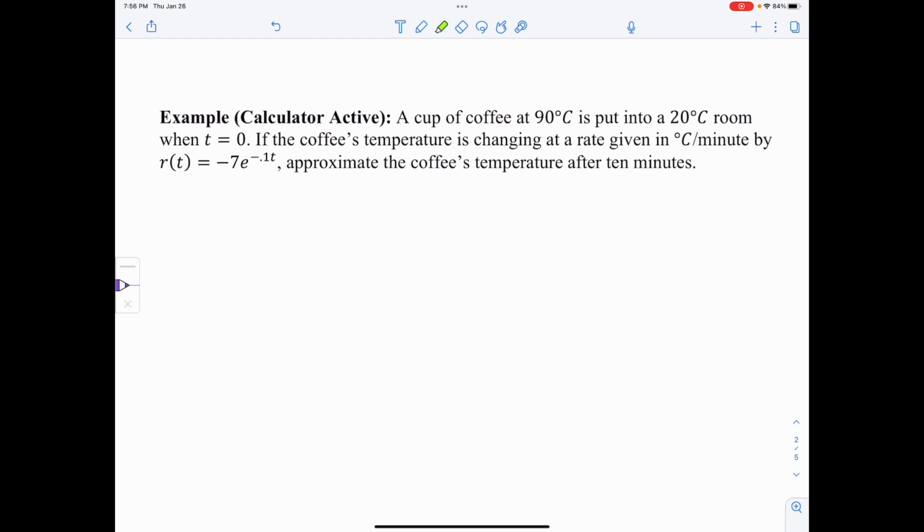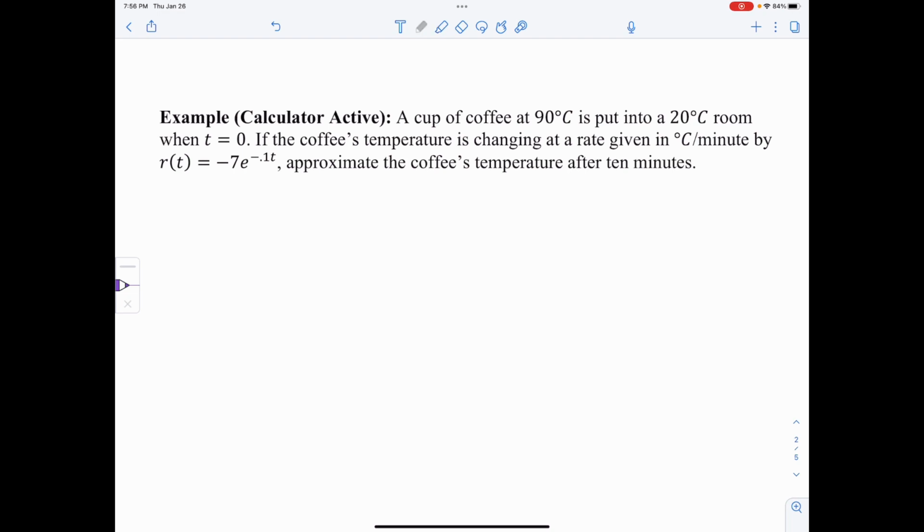Then the cup of coffee will start cooling off. If the coffee's temperature is changing at a rate given in degrees Celsius per minute by R of T equals negative 7 e to the negative 0.1 T, approximate the coffee's temperature after 10 minutes.